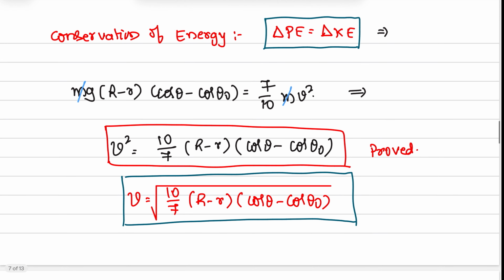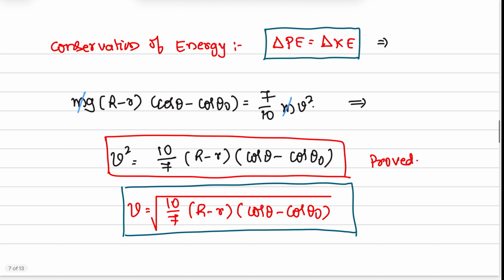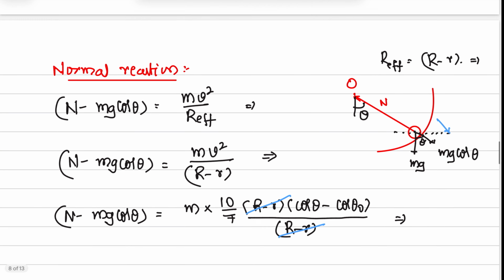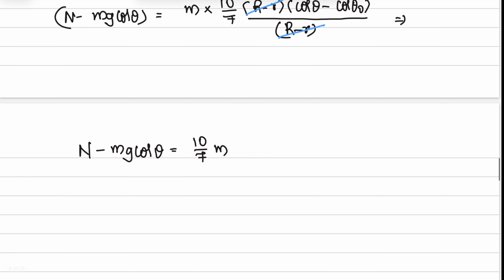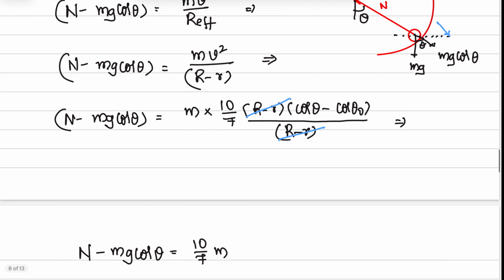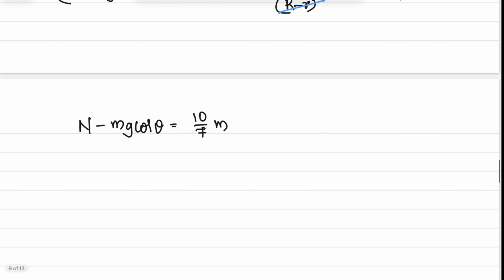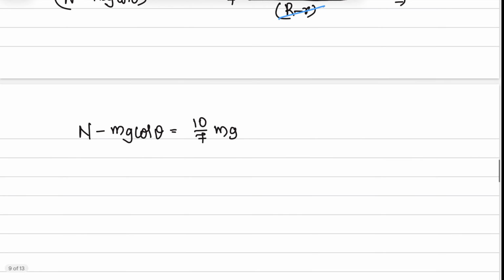Sorry, I have forgotten g. We will write g here. M, g will also be there. mg, 10 by 7 into mg into cos theta minus cos theta naught.